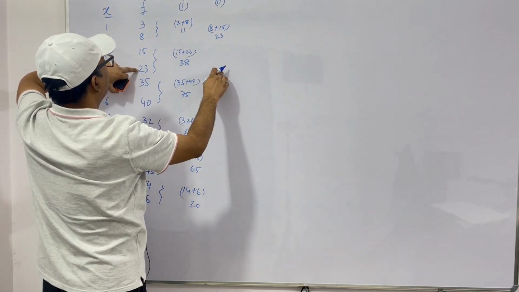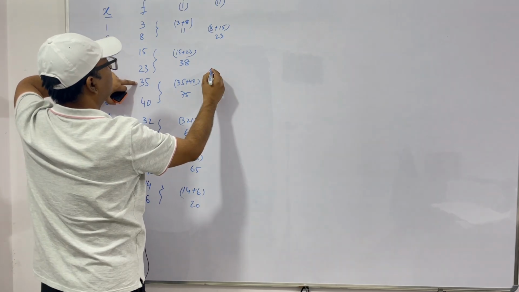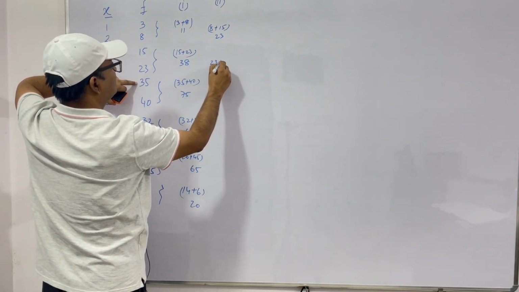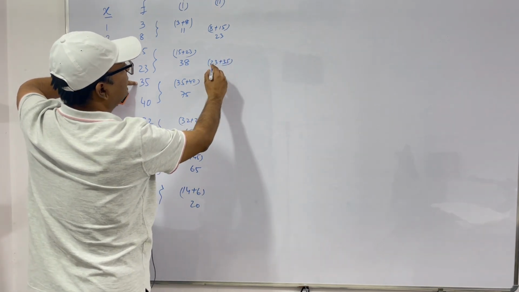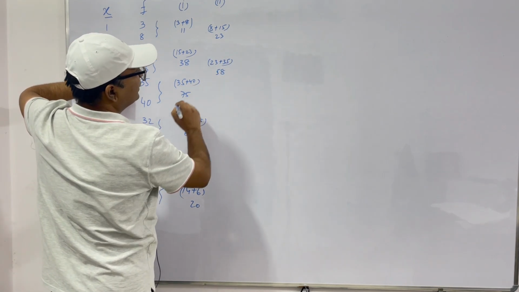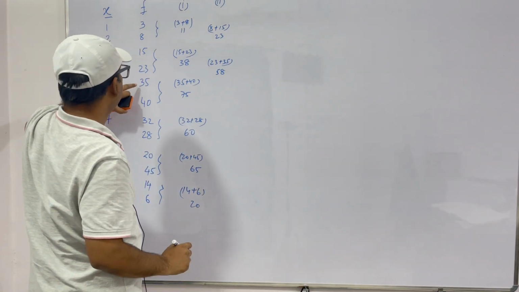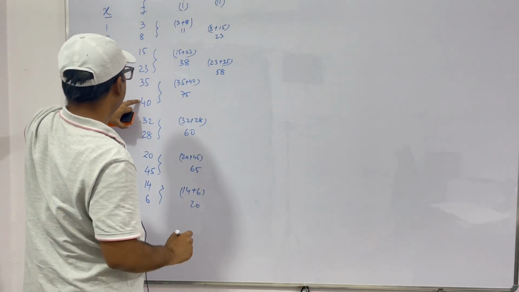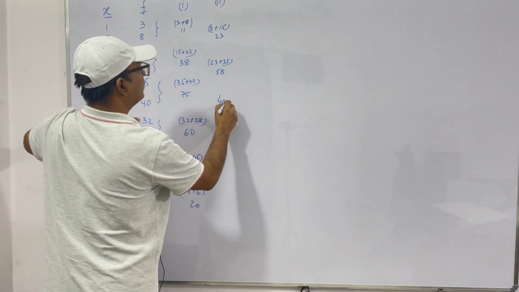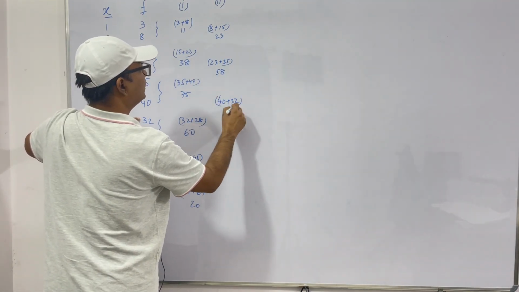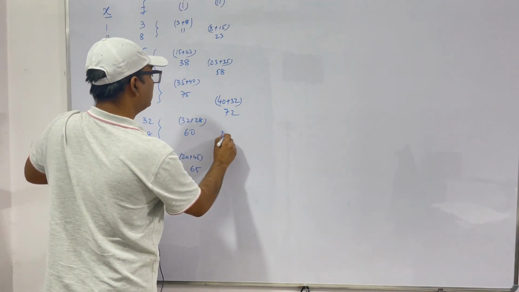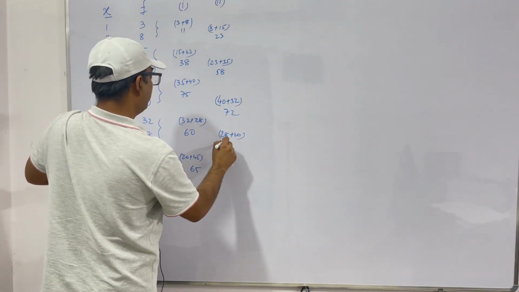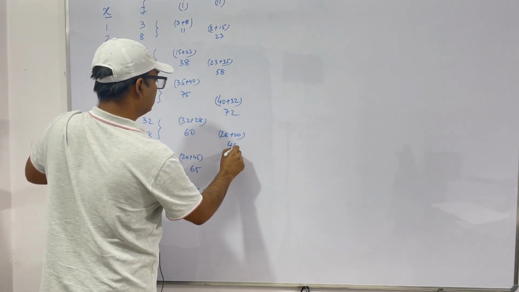Then we have 23 plus 35, that is 58. Then we have 40 plus 32, that is 72. Then we have 28 plus 20, this is 48.